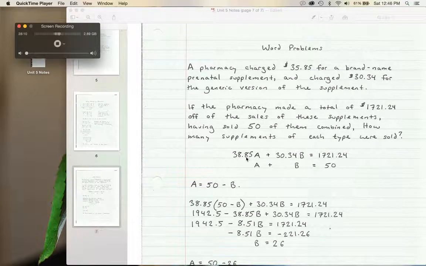So you'll have a number times a quantity that you're looking for, that's a variable, plus a number times a quantity, that's your second variable, and then some kind of grand total. And then you might have the total for your quantity numbers together, and that will create your second equation.